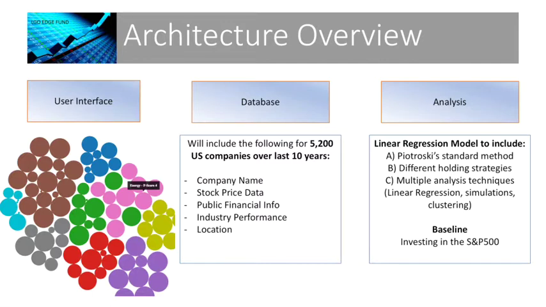We'll try to use different durations, as well as see the delta in the F-score. How does the change in F-score actually affect the results? Additionally, where Piotrowski used only a linear regression, we're going to use simulations and clustering, and that is based on the S&P 500 as a baseline.